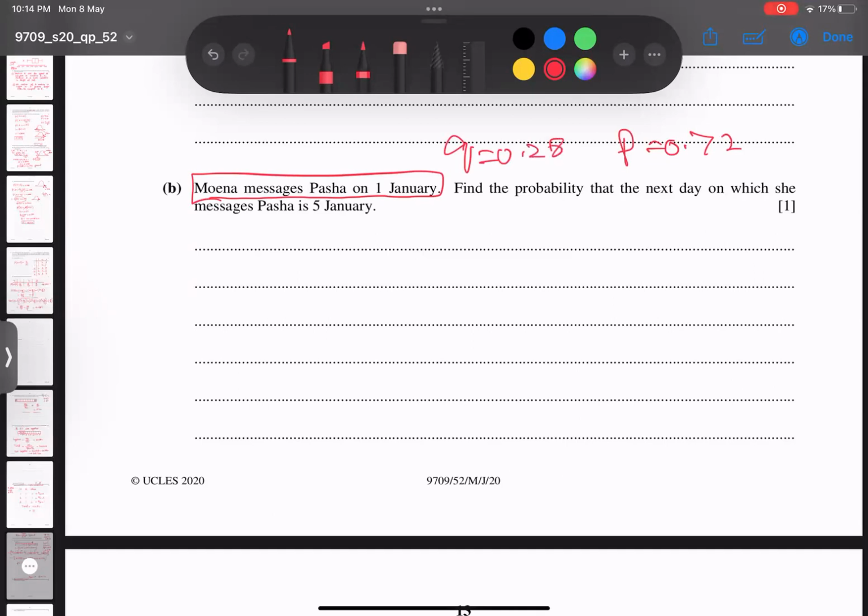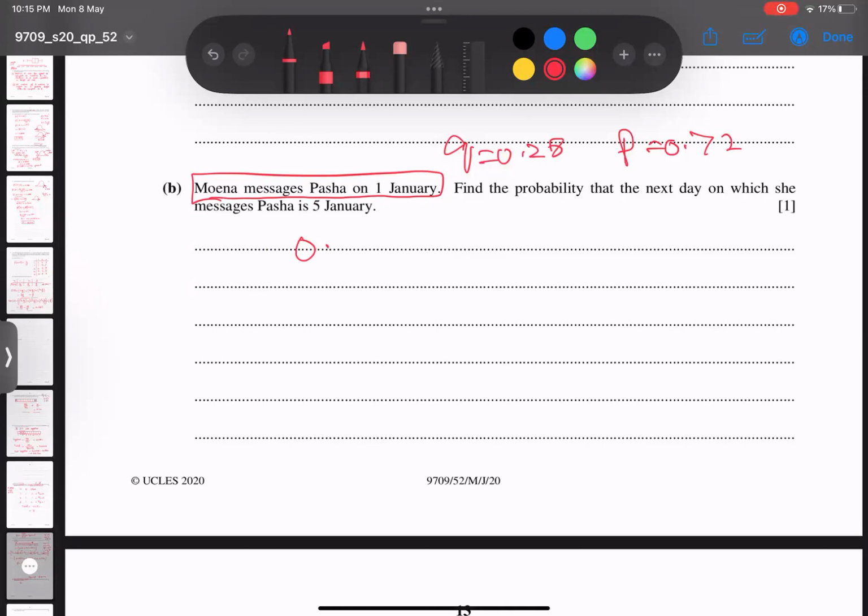So first of all, it is very clear we can say that it happens on the 4th day. So we can say this looks like X equals r. And what is the formula? Or I can do it simply, the other way. First day, and the next day on which she messages is the 5th January.